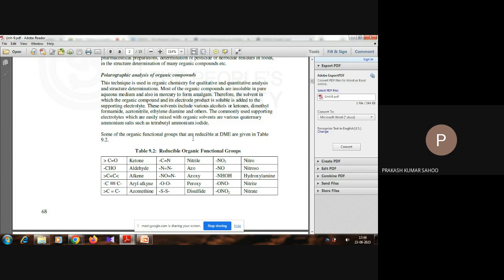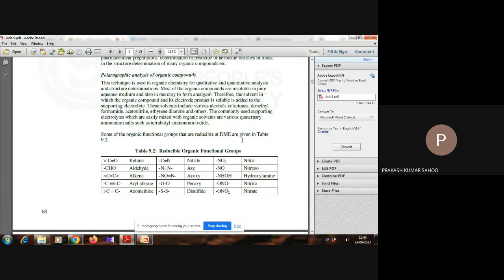So that's why, as the aqueous medium is an inorganic solvent, they are insoluble, and they form amalgam with mercury, and therefore a solvent in which the organic compound and its electrode product is soluble is added to the supporting electrolyte.